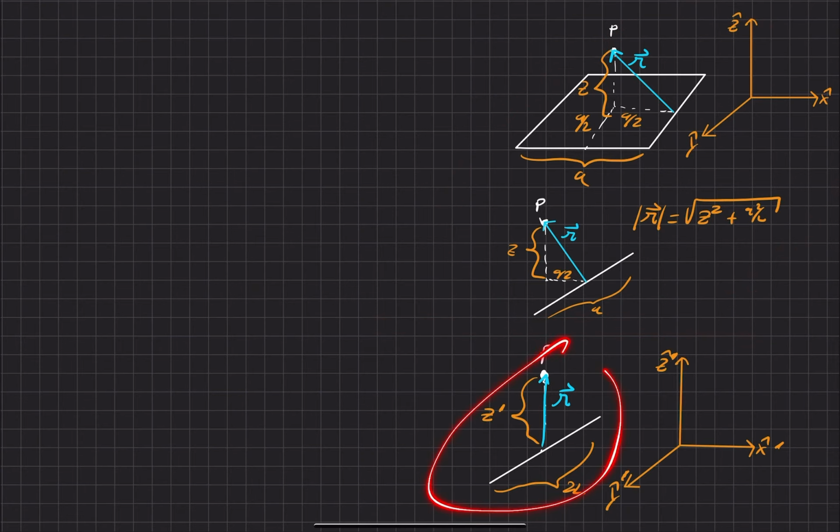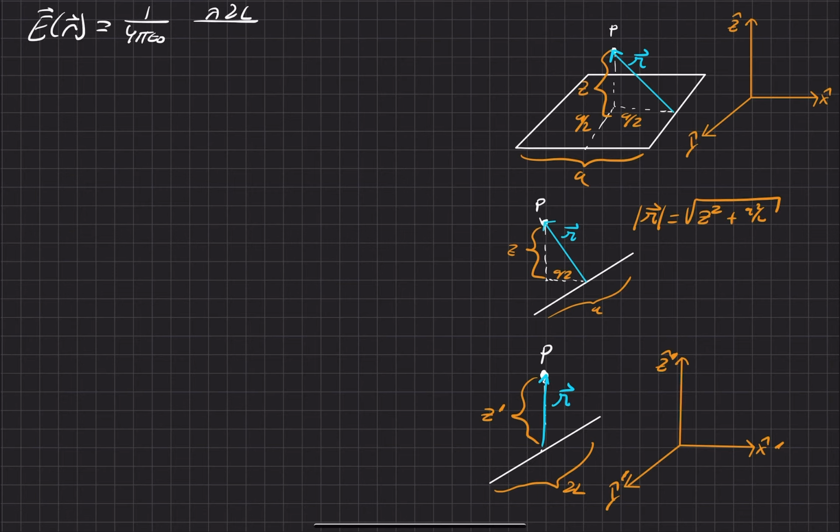So going back to the solution of this problem, in the example that we did in the textbook, the electric field was found to be equal to, in terms of everything that we wrote over here, 1 over 4 pi epsilon naught, of course, lambda times 2L, which is the length of this line segment, over z prime, which is the height at which the point is located above the line segment, times the square root of z prime squared plus 2L over 2 squared, right?